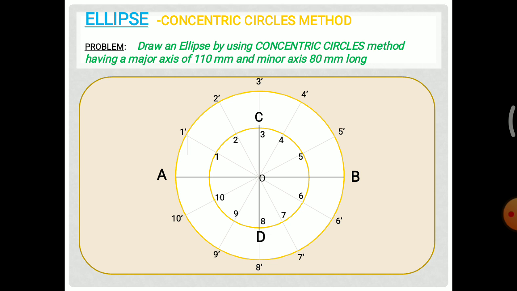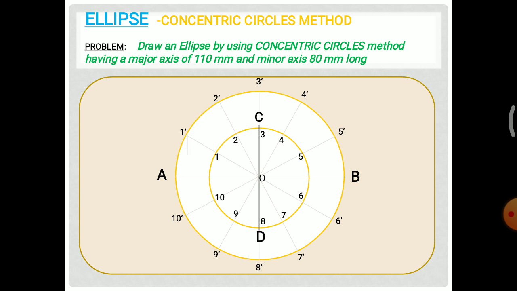Then draw a vertical line which is parallel to the CO line, that is the minor axis line. Draw a parallel line from the divided points 1 dash, 2 dash and 4 dash, 5 dash.